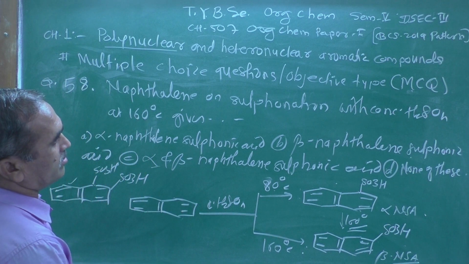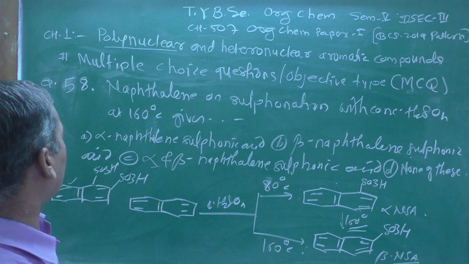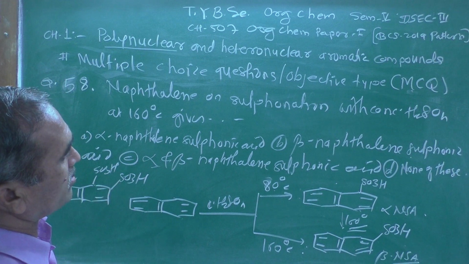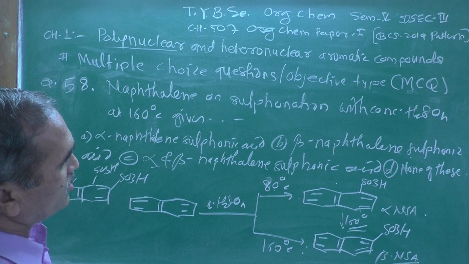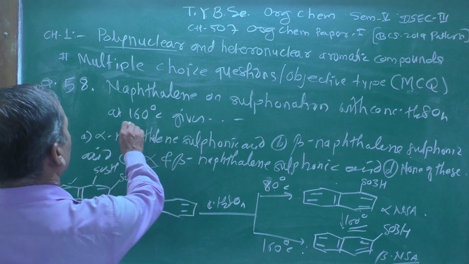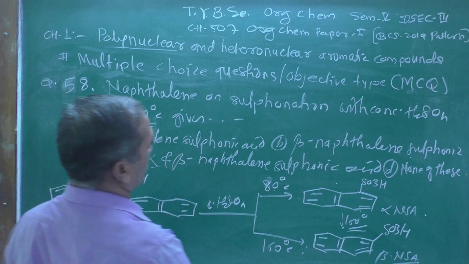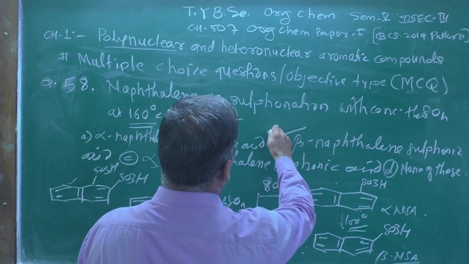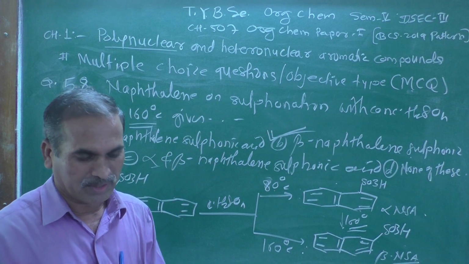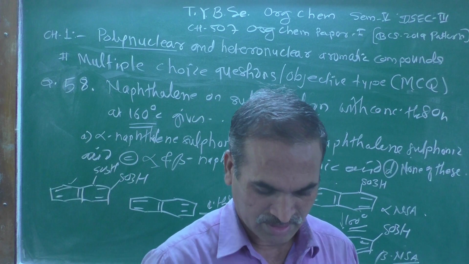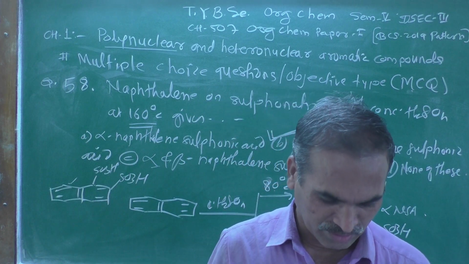So what is the correct answer here? Because the temperature is mentioned, the correct answer is beta naphthalene sulfonic acid, option B. So this is the right answer for this question.